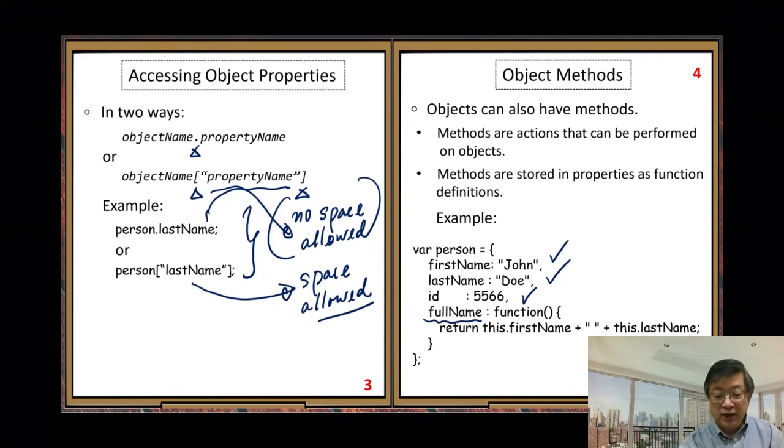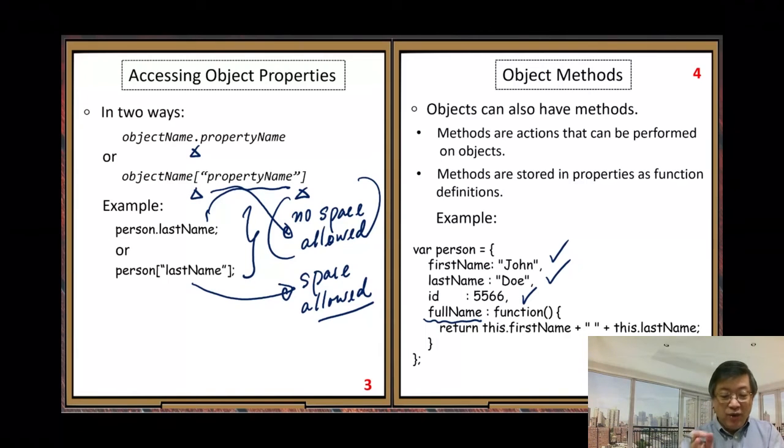This.firstName plus a space character, concatenation, plus this.lastName. How about that? So this is a function definition.